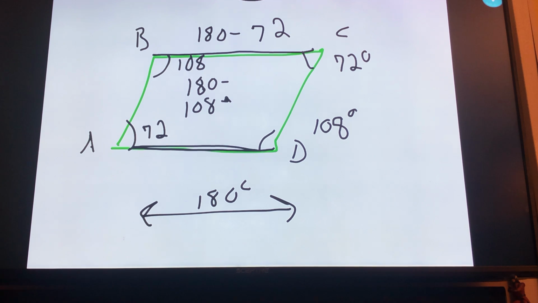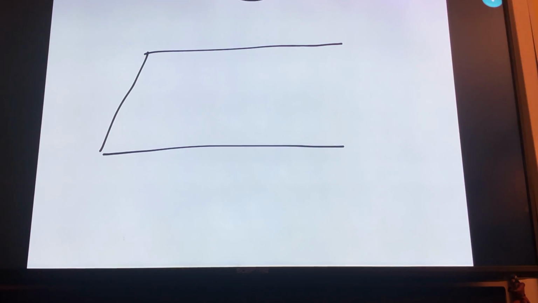So again, quick recap of what happened. Let me draw again. So we got B, A, that does not look very nice.